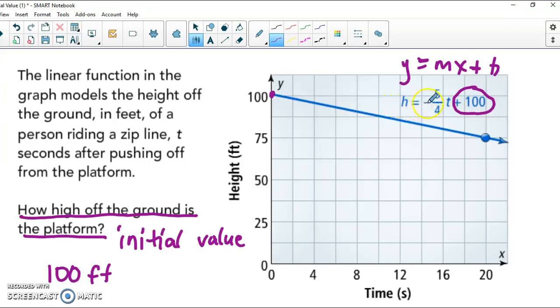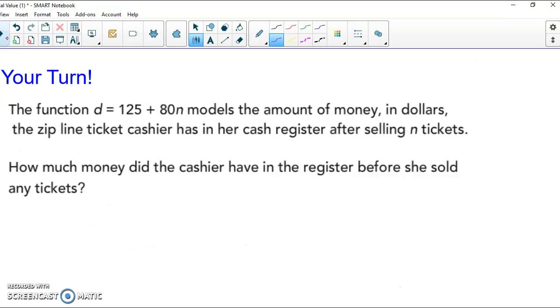So I'm still in y equals mx plus b form. So b is my initial value, and I can see that my function rule also tells me that that platform is 100 feet off the ground. Then once I start zipping, after 20 seconds, I'm down to a height of 75 feet, but when I start, I'm on that platform at 100 feet.